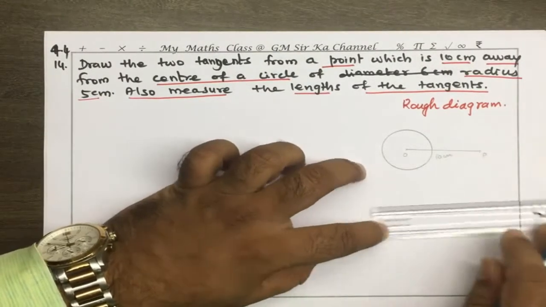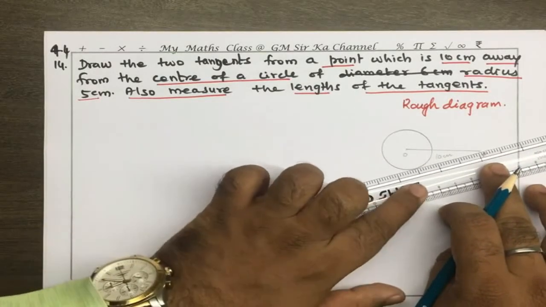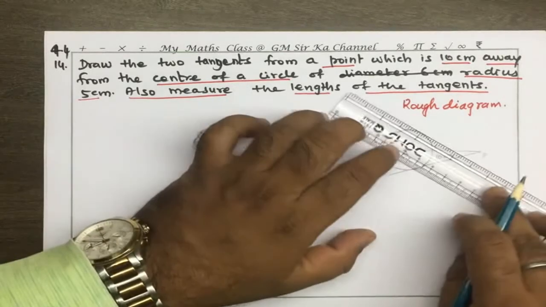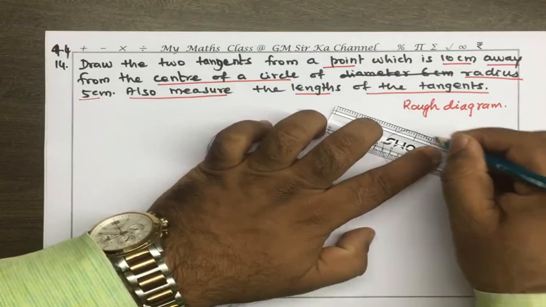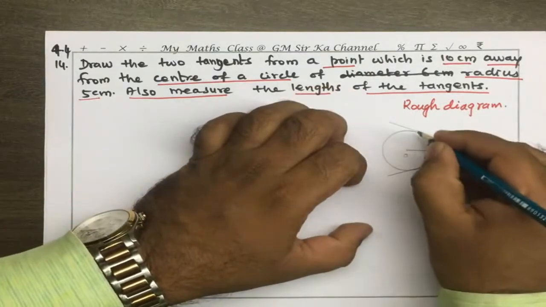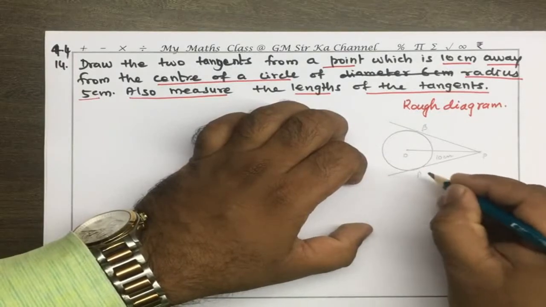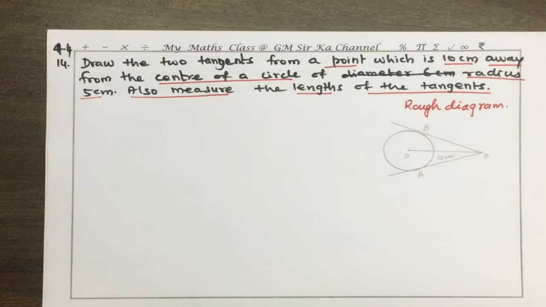From that point P one tangent and the other tangent we have to draw in this way. PA and PB are two tangents can be drawn.